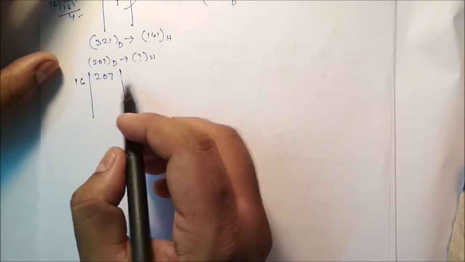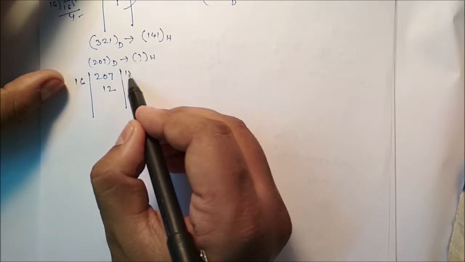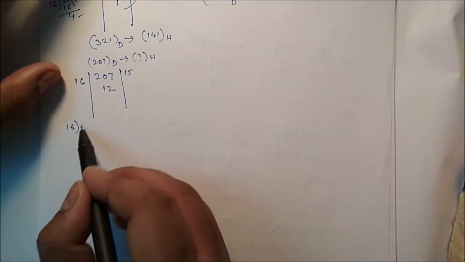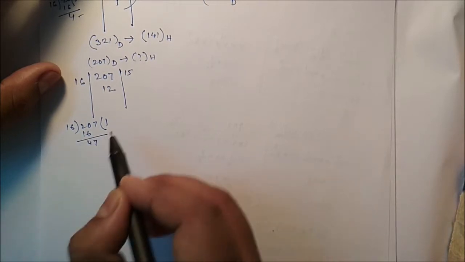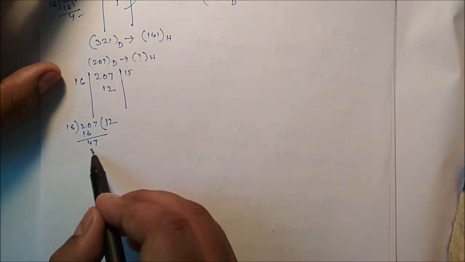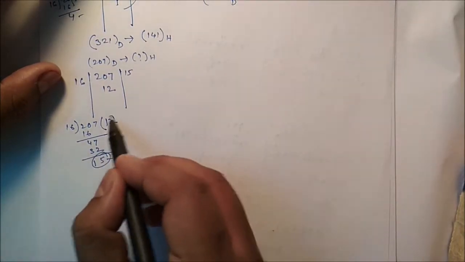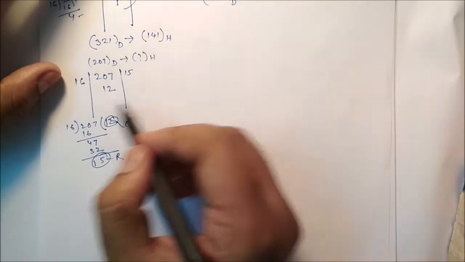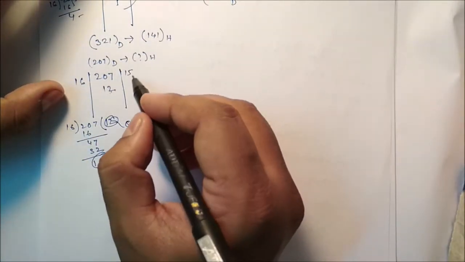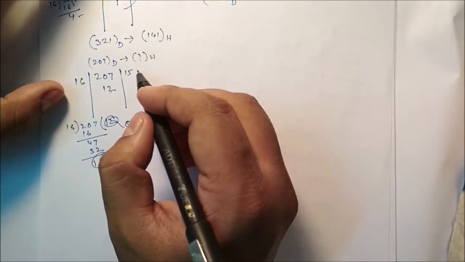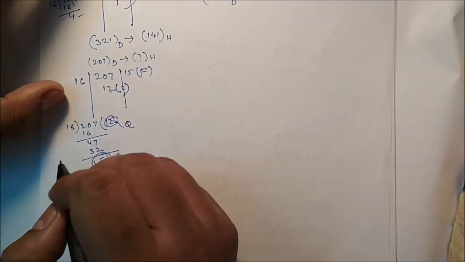The quotient will be 12 and the remainder will be 15. Since 12 is less than 16, we have to stop here. 15 is F and 12 is C.